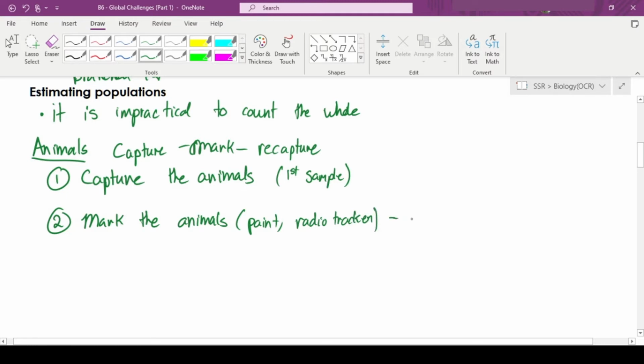And what this does is it has to be non-harmful. It can't make it more likely for the organism to be preyed upon, so you can't paint them bright orange. It needs to be non-destructive and not have an impact on how the organism survives.